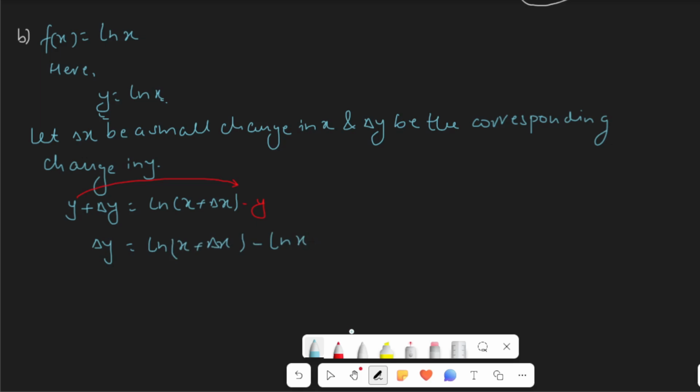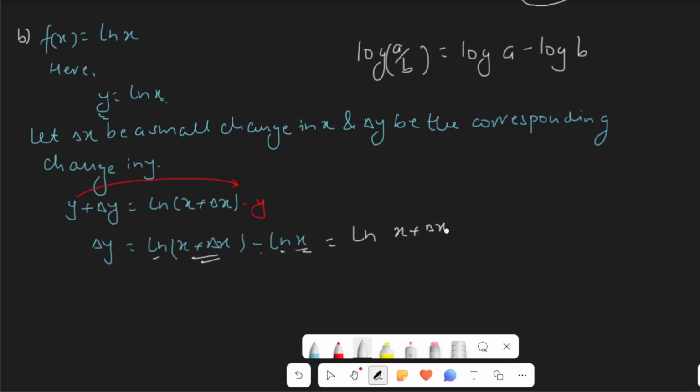Now, here we'll have to use the properties of logs. That is, we know log a divided by b is equal to log a minus log b. So here, this is log a minus log b. So it can be written as log a by b. That is ln of x plus delta x divided by x. Now, this is nothing but x by x plus delta x by x.